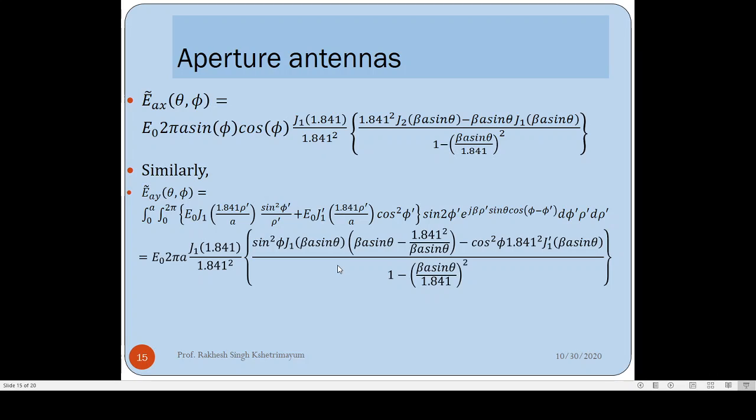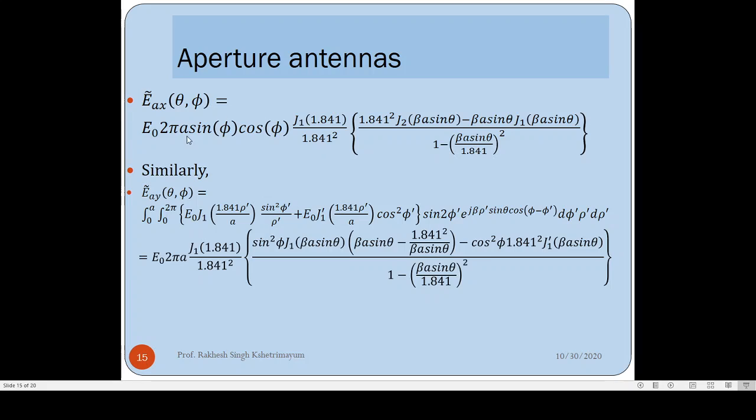So we can write down the expression for the 2D Fourier transform of the EAX component. It's a very long expression you have here. E0 2 pi a sin phi cos phi, that was the sin 2 theta term, you can express now as 2 sin theta cos theta, J1(1.841) divided by 1.841 square.